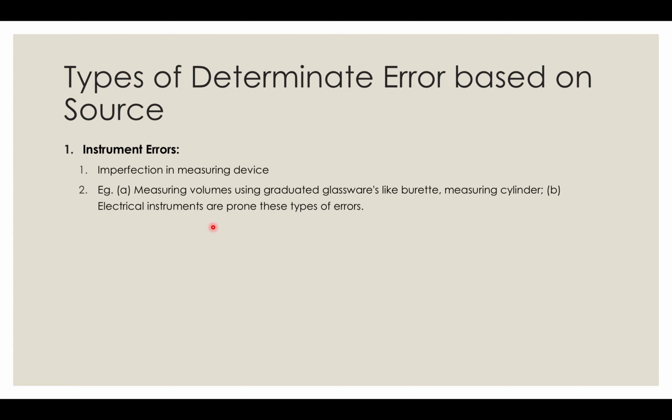Suppose you are using certain electrical instruments; they are also prone to errors. If your power supply has some fluctuations, then these electrical instruments would show a certain kind of error. Apart from that, there are resistance coils in these instruments, so there can be errors based on an increase or decrease in resistance happening inside the instrument while it is continuously used.